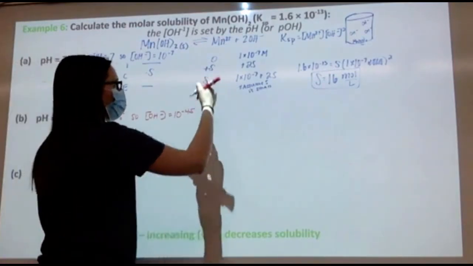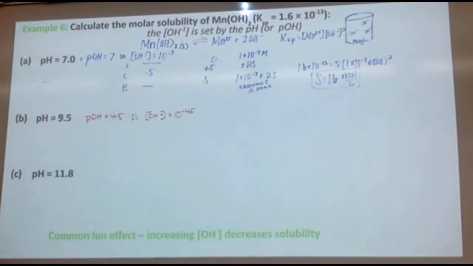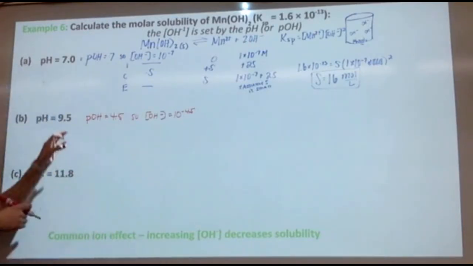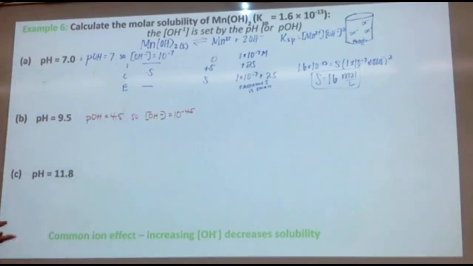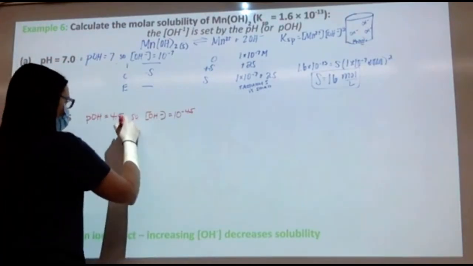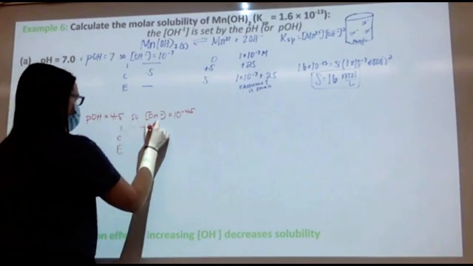So now we have our hydroxide concentration. Do you have to set up the ice table? If you can just use this one as guidance, no. Or you could just plug it right into the Ksp expression.